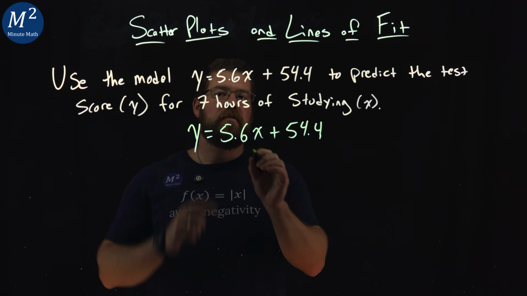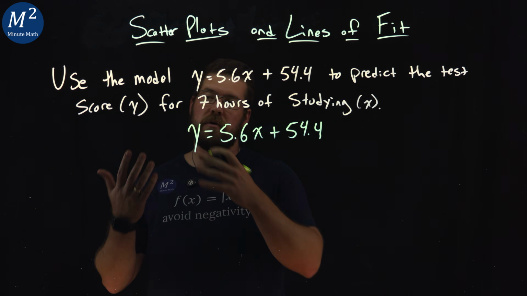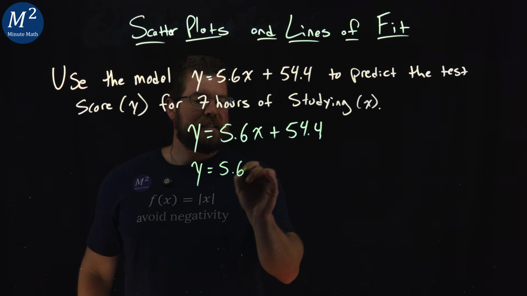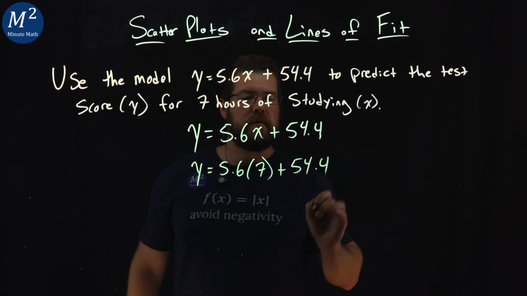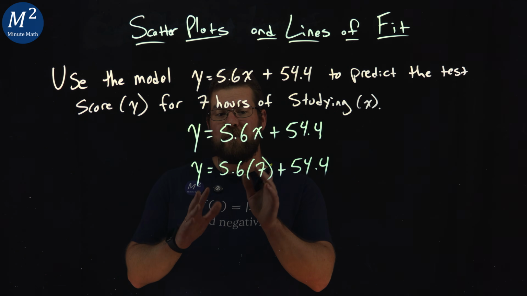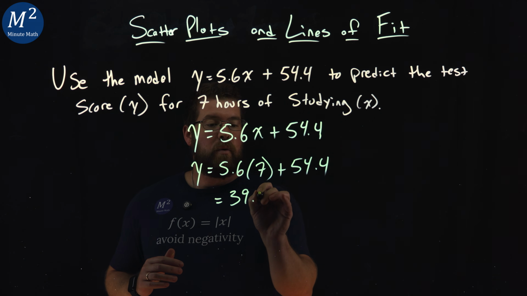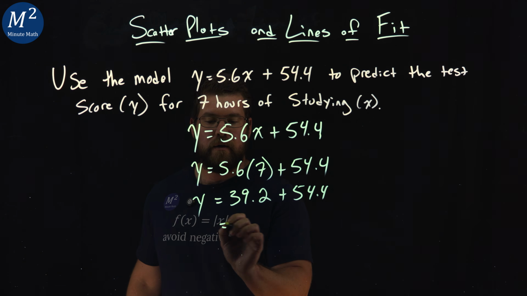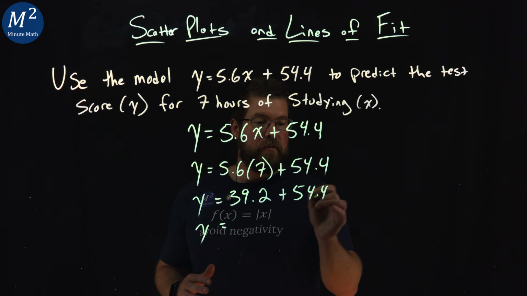They want us to plug in 7 for x, and that should predict for us a score of y, whatever it is. So y equals 5.6 times 7 for x plus 54.4. Now, multiplying this out, 5.6 times 7 gives us 39.2 plus 54.4. That's y here. And we have a y value equals 39.2 plus 54.4.